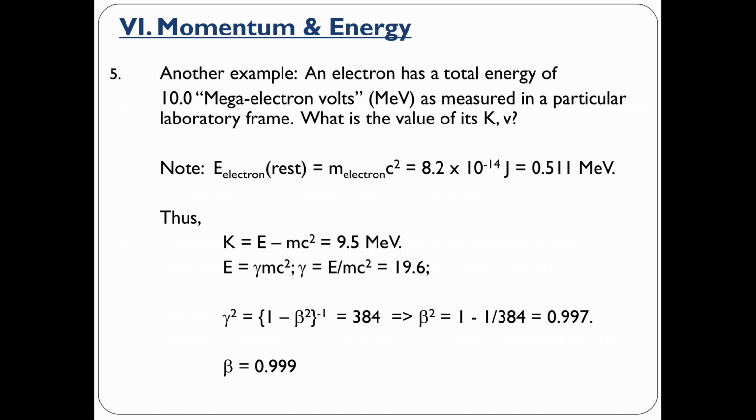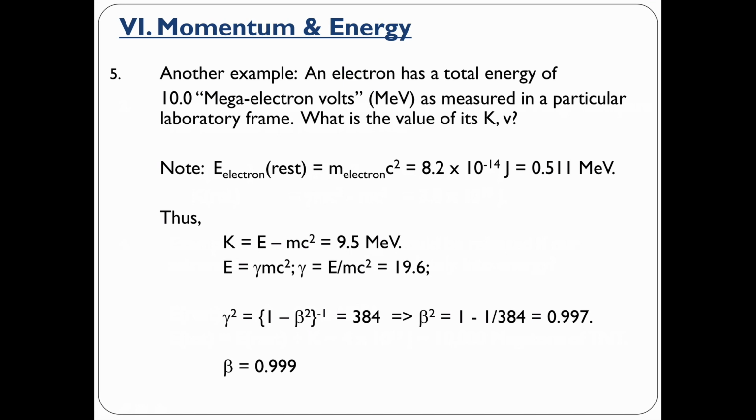The energy is gamma times mc squared. We can solve for gamma now that we know what E is. That's just E divided by mc squared, or 19.6. Gamma does not have any units. The larger it is, the closer we are to the speed of light, as you'll see.